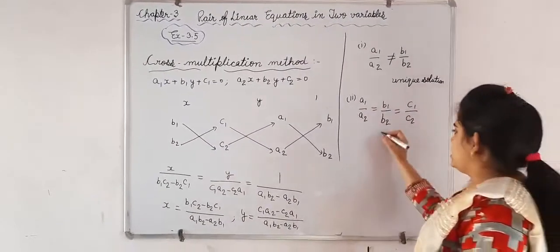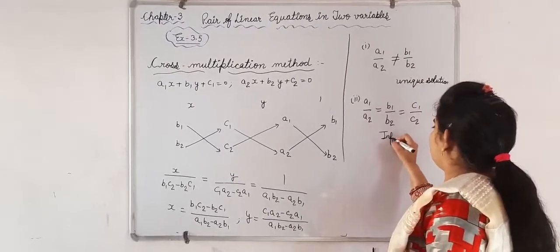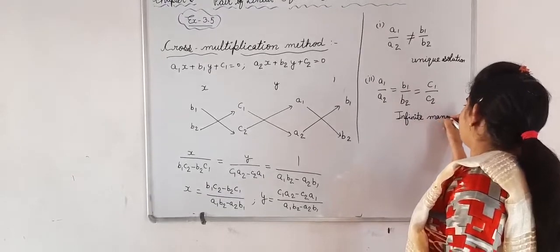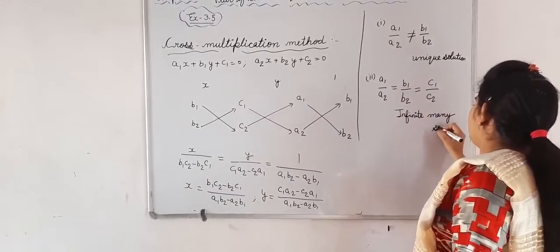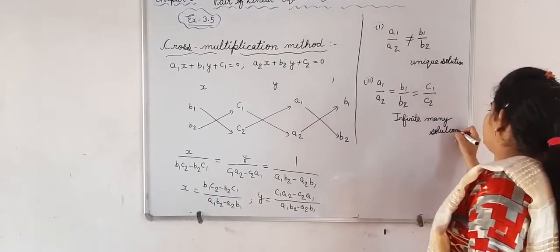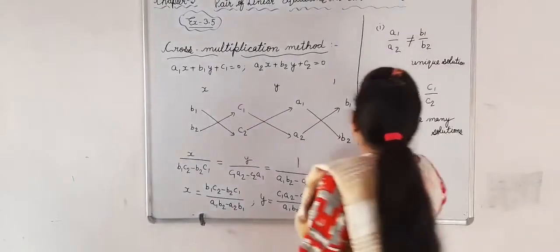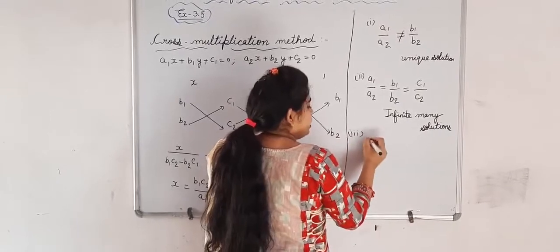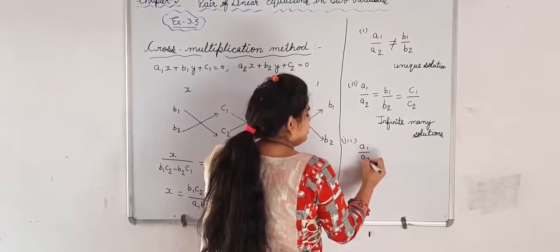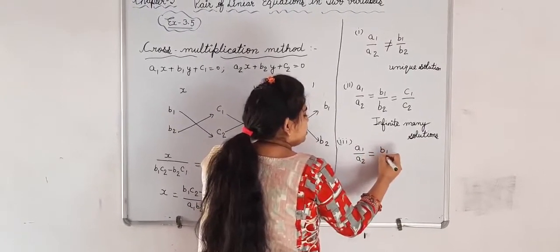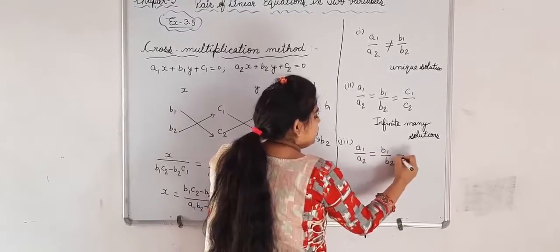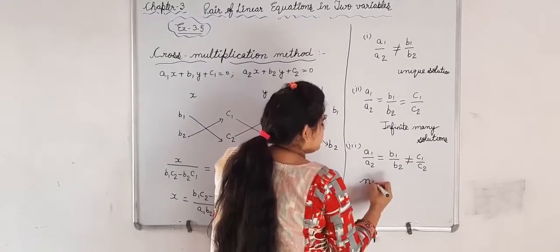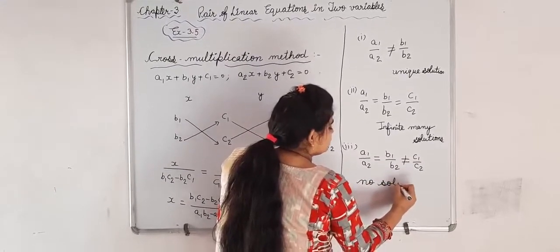If the condition is this, then there will be infinitely many solutions. Third condition, a1 by a2 is equal to b1 by b2 not equal to c1 by c2, then there is no solution.